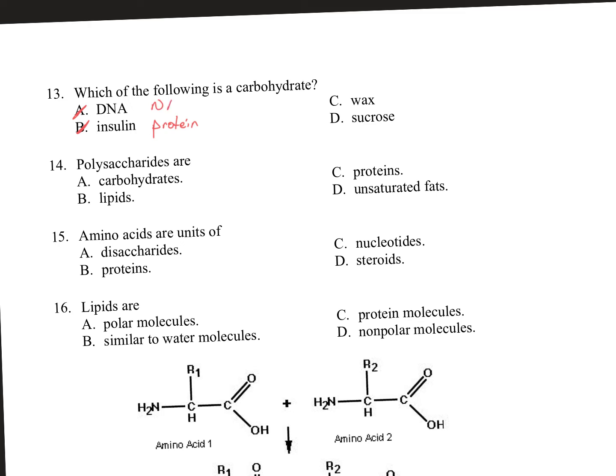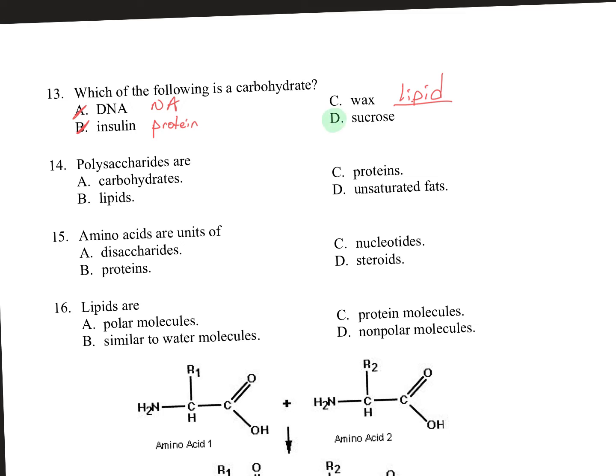I'm just going to put NA, nucleic acid. Wax, we talked about in class as being an example of a lipid. It's a lipid. And we actually talked about in class, in fact it's on your study guide, on your green study guide, sucrose, as an example of a carbohydrate.